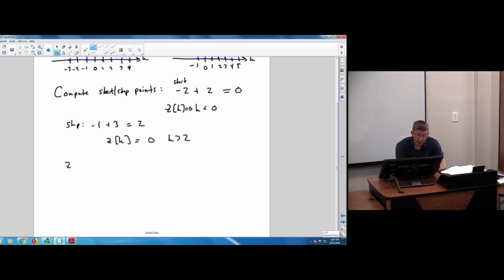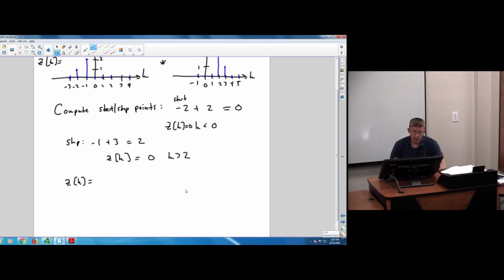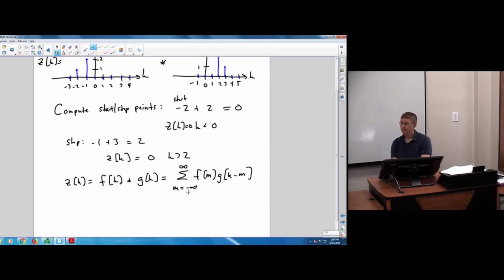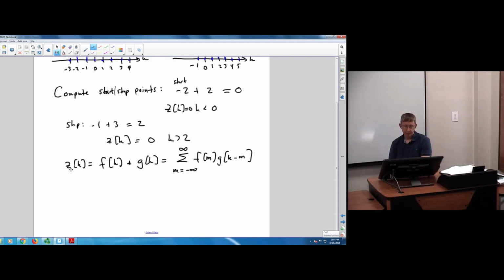So let me write down z of k equals f of k convolved with g of k, which we know is just shorthand for the sum from m equals minus infinity to infinity, f of m, g of k minus m. All right? So this is what we're trying to compute, and this is the sum that we need to evaluate.